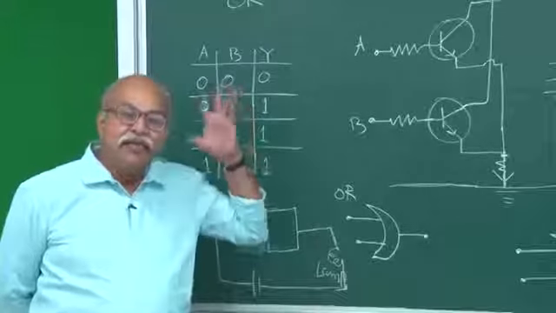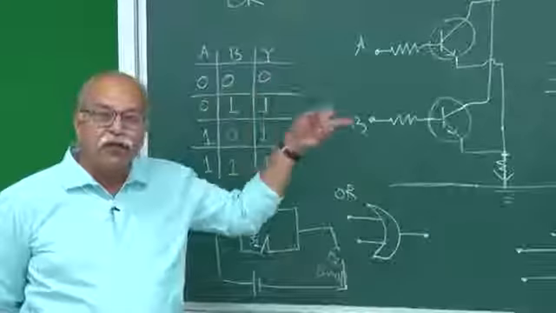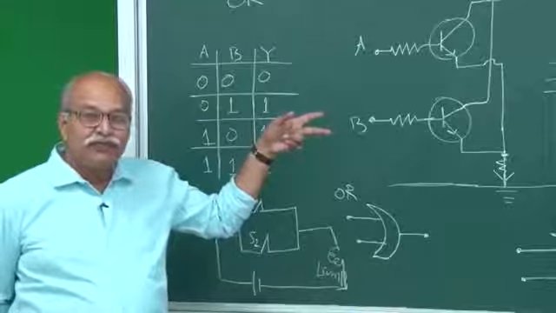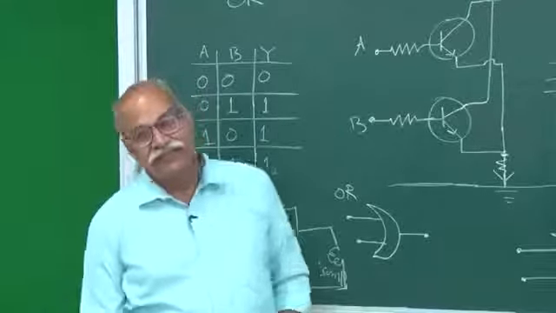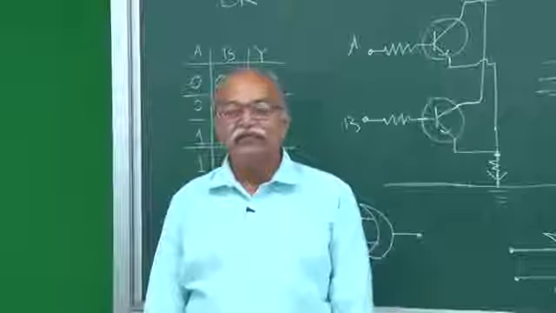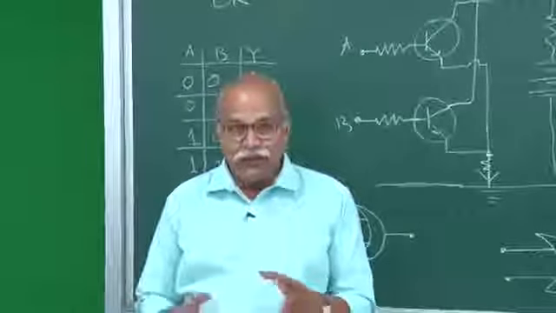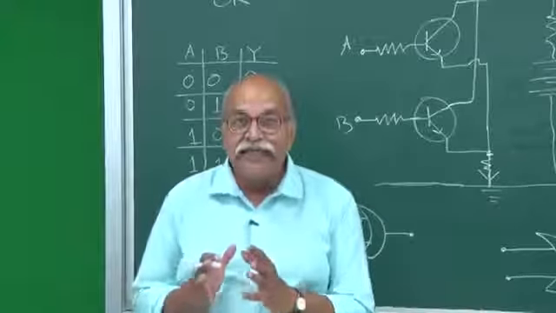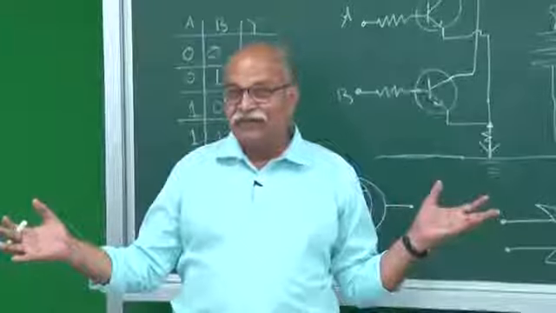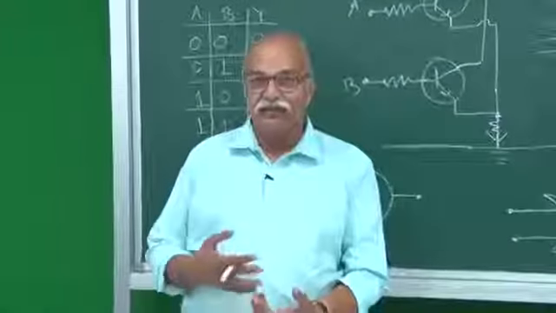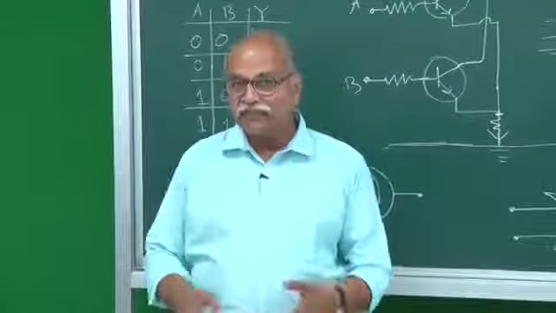Now these two gates, NAND and NOR, are known as universal gates. And why are they called universal gates? Because using only NAND gates, you can make any other gate. You can make AND, you can make NOT, you can make OR, and any combination.